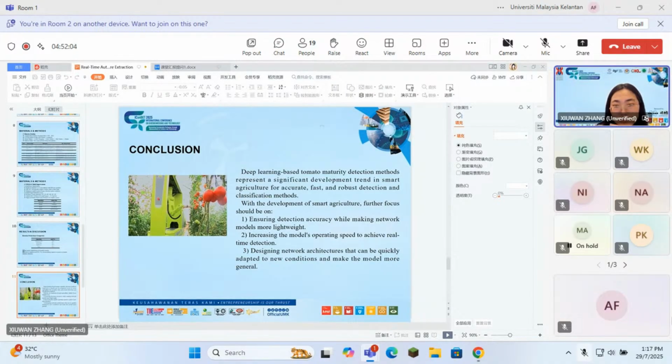With the development of smart agriculture, further focus should be on ensuring detection accuracy while making the network models more lightweight, enabling the models to operate in real time, and designing network architectures that can be quickly adapted to new conditions and make the model more general.